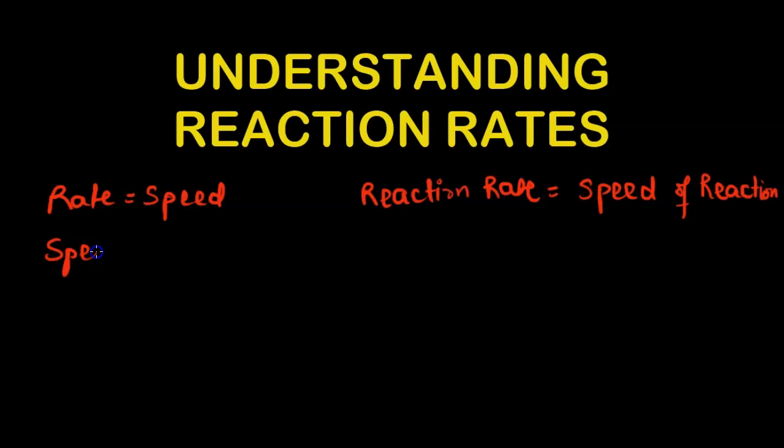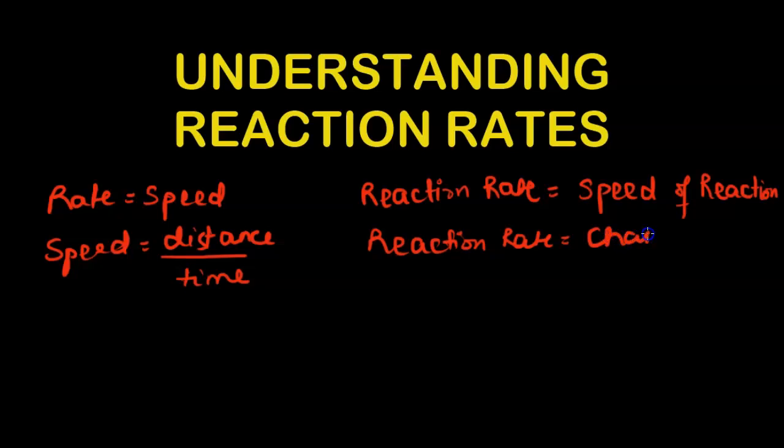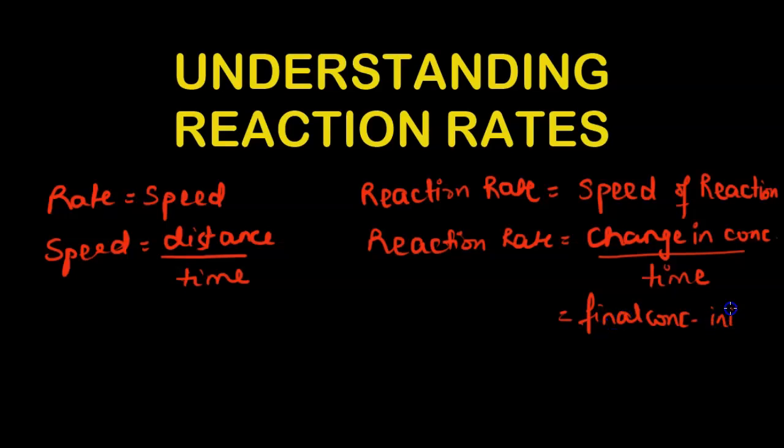As we know, speed is equal to distance divided by time. Similarly, reaction rate would be equal to change in concentration over time. The other way we can say change in concentration is final concentration minus initial concentration, and the whole thing is divided by time.